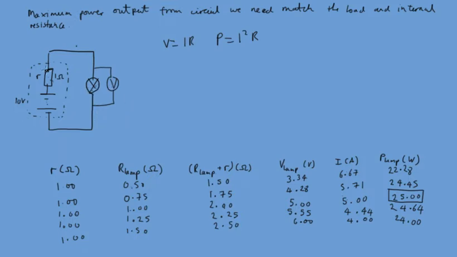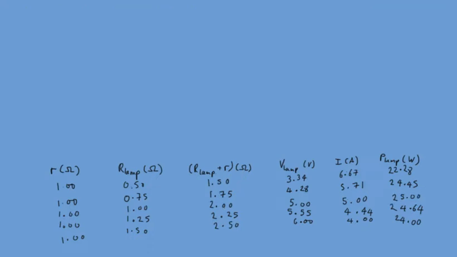So how do we get round this little problem? In real circuits, what we would do is draw another circuit. So we've got our little resistance r, we've got our battery, we've got our R load.